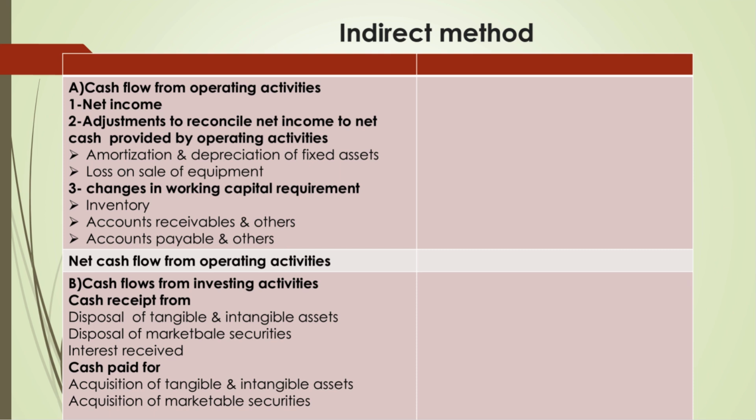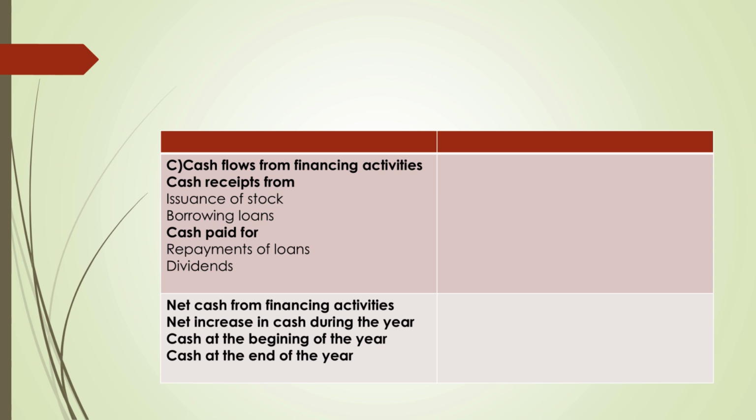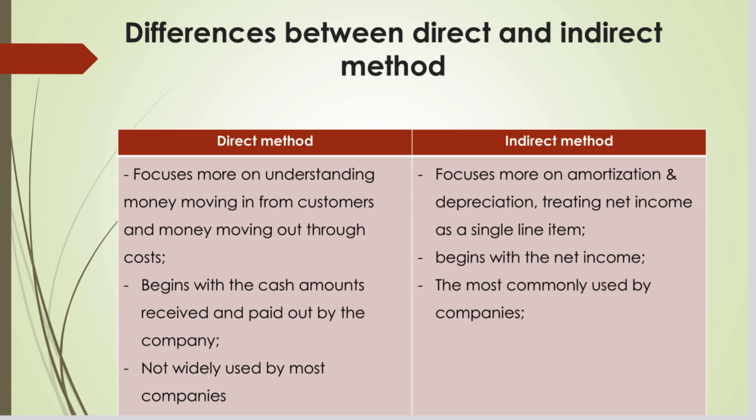We have the change in working capital requirement: inventory, accounts receivable from customers, and accounts payable to suppliers. Here we have the net cash flow from operating activities, but in the cash flow from investing and financing activities, we will have the same elements as we did with the direct method.